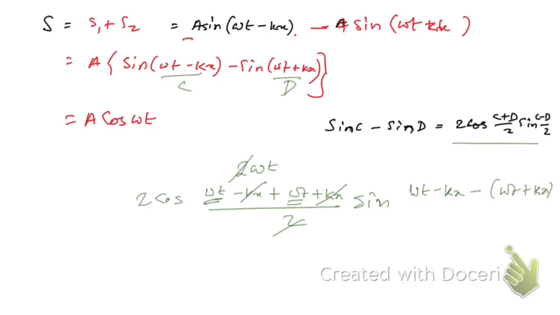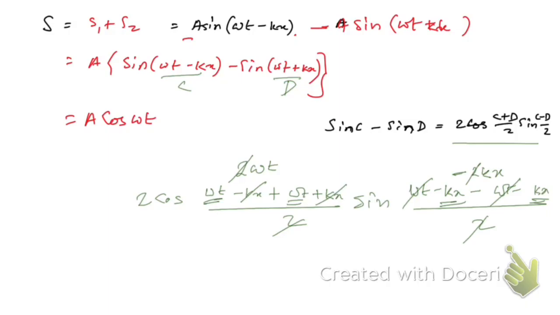If you remove the bracket, after multiplication of the minus sign, we get omega t gone, minus kx minus kx, that's minus 2kx, divided by 2, the 2 cancels, so we end up getting sine of minus kx.